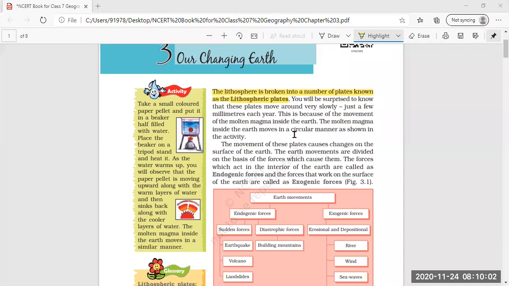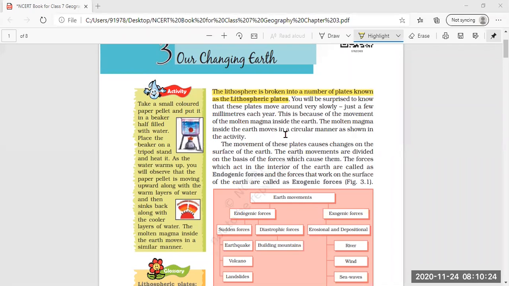We are living on the earth, but we can't feel that movement. And this is because of the movement of molten magma inside the earth.